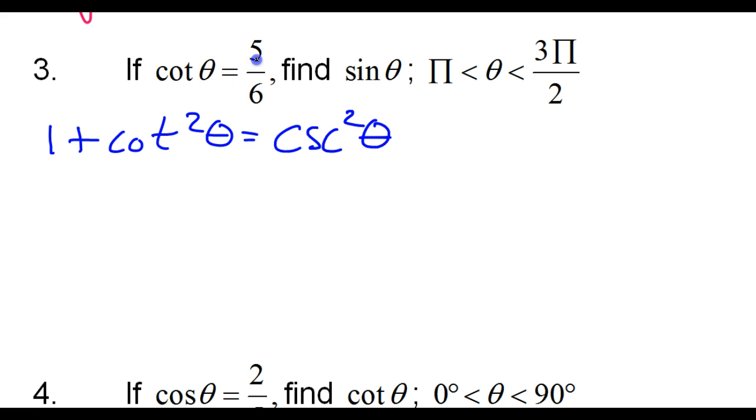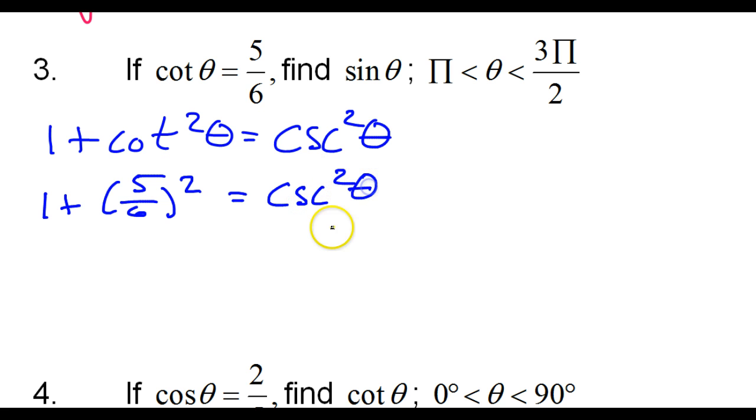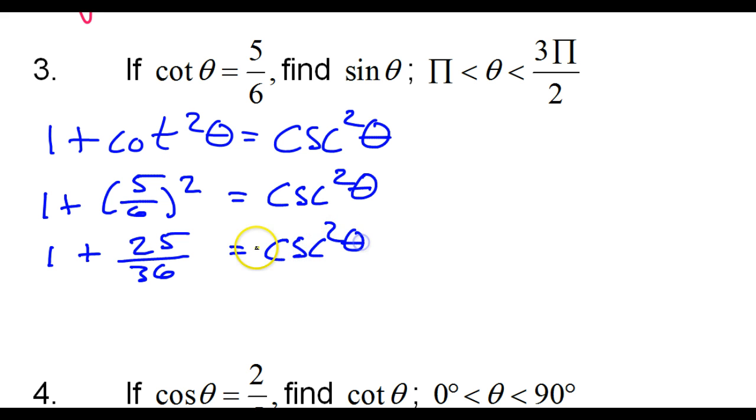So if I substitute this in, this becomes 1 plus, and cotangent theta is 5 over 6, so this will be 5 over 6 squared is equal to cosecant squared theta. Okay, now that's going to be 1 plus 25 over 36, is equal to cosecant squared theta.